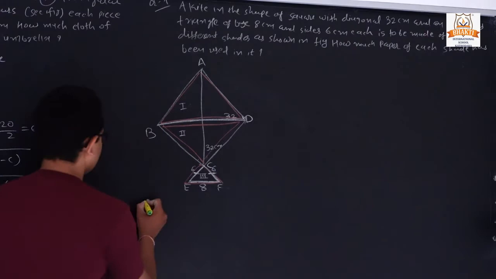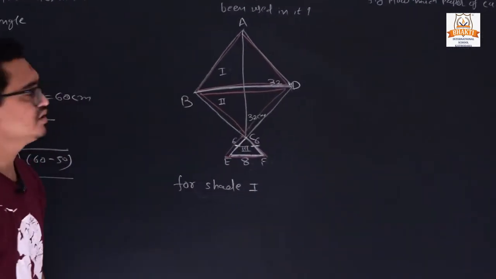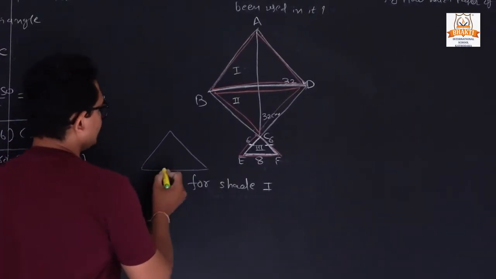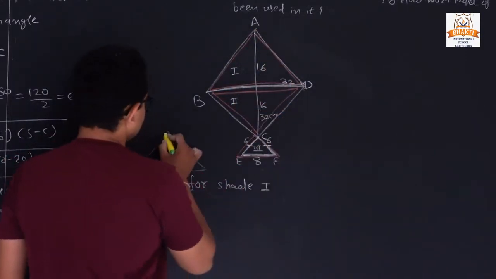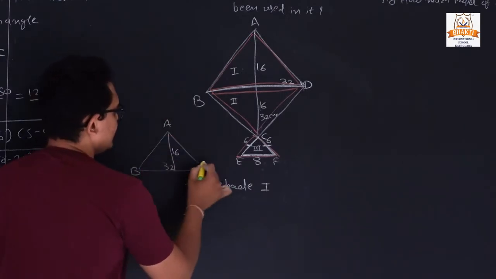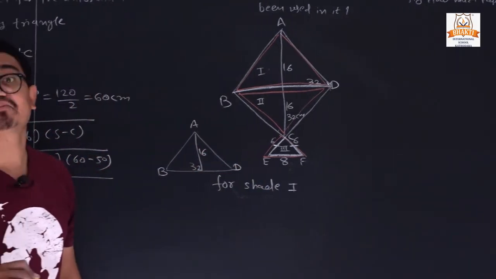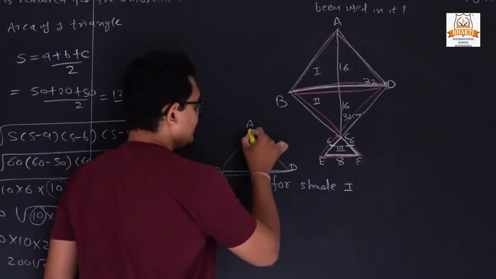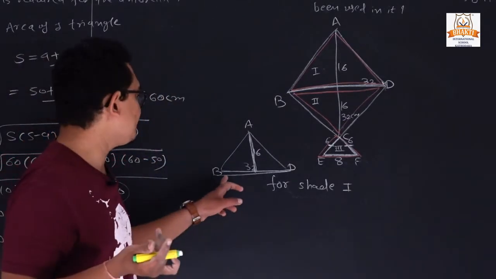So for first of all we can write for shade 1. So for a shade 1, here I am drawing the triangle, so you can give the idea. So it is 32. It is all 32, so it is 16 16. So it is 16. Here we can give its name A, B and D. So here we can use which formula? 1 by 2 base into height, because base is given and height is also given. Clear? So here we do not require the Heron formula.